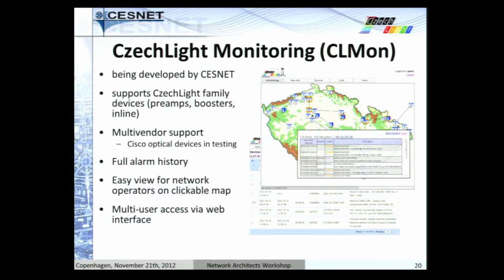It can provide full alarm history and an easy view of your network on an interactive map, where you can click on each device and see alarms and history and so on.